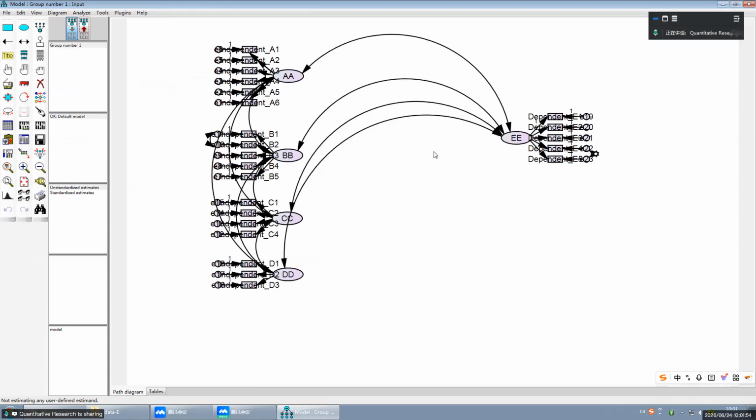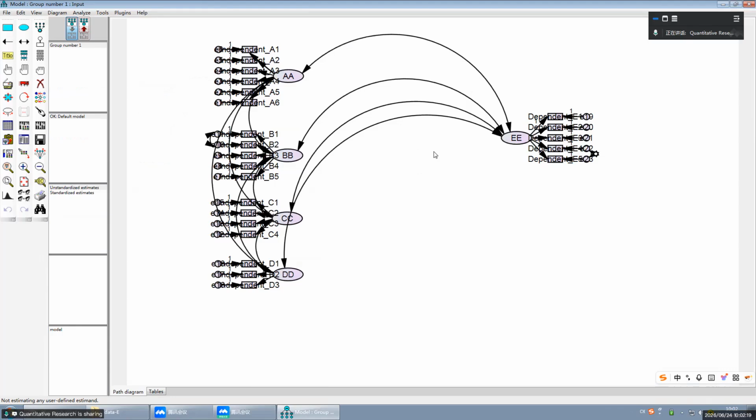I talked about that, the AVE, as well as the square roots of AVE. CR, composite reliability, is used to confirm what?